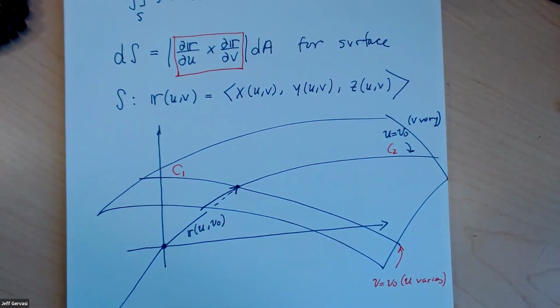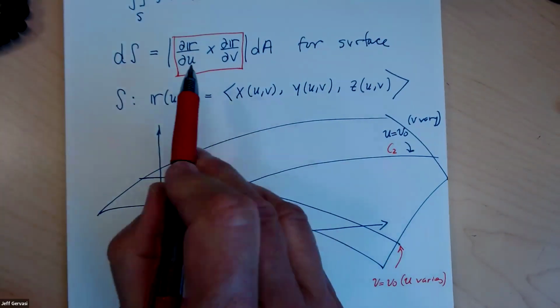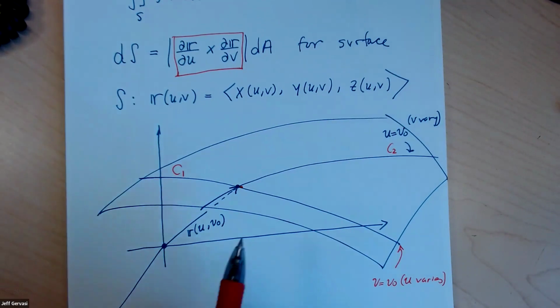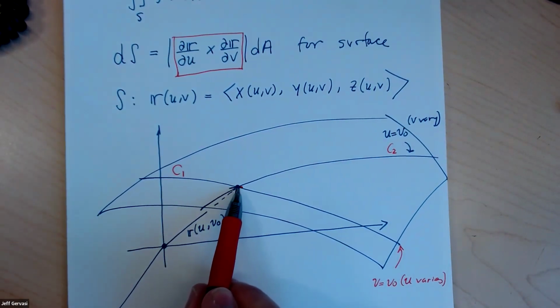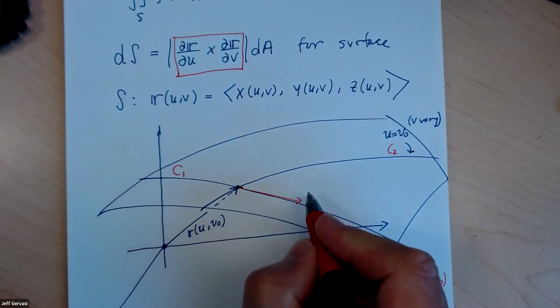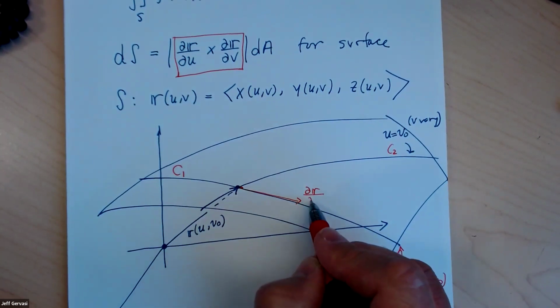Now from our work in previous classes, we can interpret these partial derivatives in the context of tangent vectors. For example, at this point right here along C1, the tangent vector would look like this, and we would refer to that as the partial of r with respect to u.